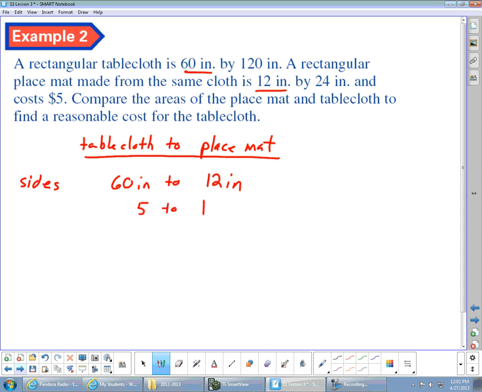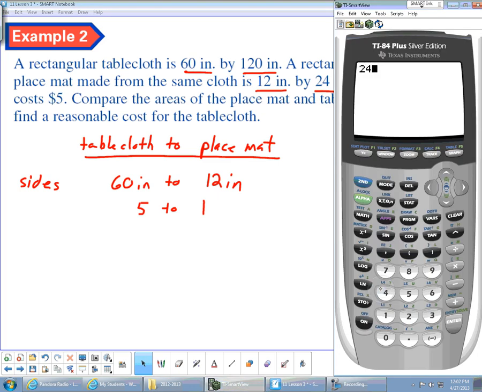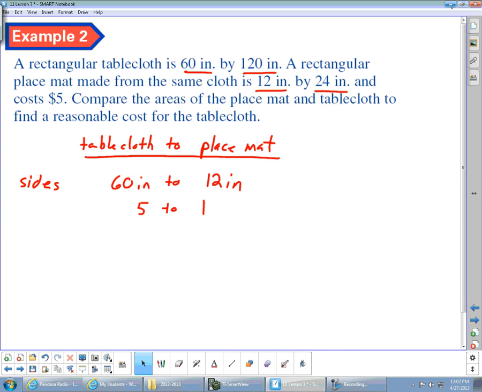Or you could think of it this way, the tablecloth is 5 times longer or wider than the placemat. And that works too for the 24 to 120. If you take 24 times 5, you get 120. So it's 5 times longer. But see, now that's the ratio of their sides. We want to compare their areas.